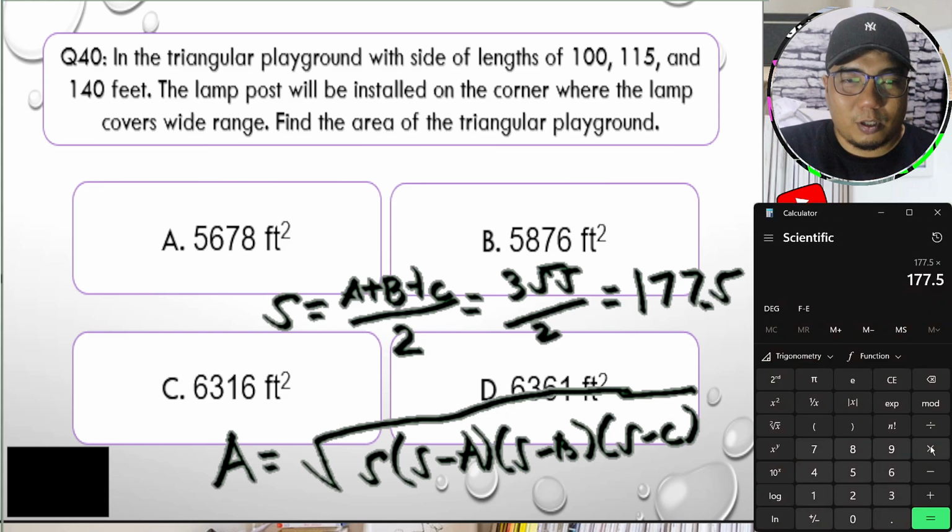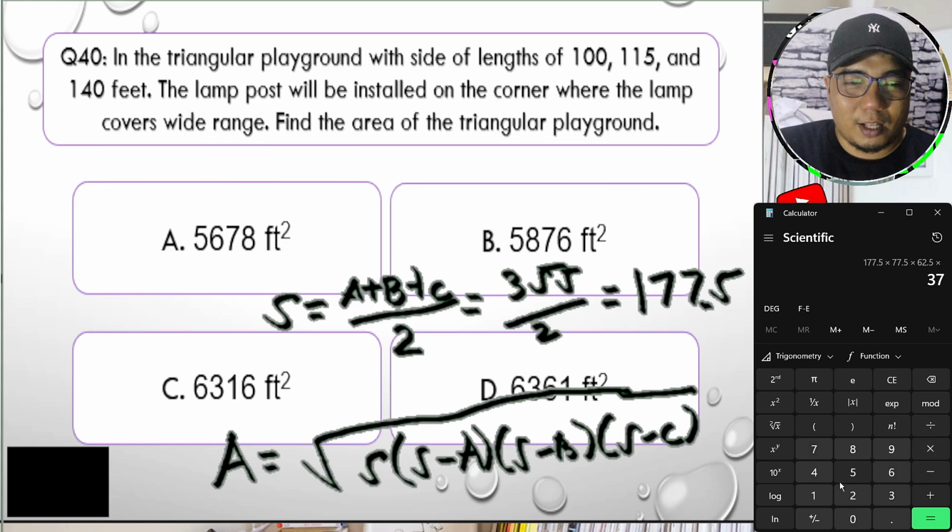Okay, let's just multiply it. Using the calculator, 177.5 times the subtraction of 100, so that is 77.5, multiplied again by the subtraction of this one, which gives you 62.5, so times 62.5, and then again you multiply the 140 subtracted, which gives us 37.5.